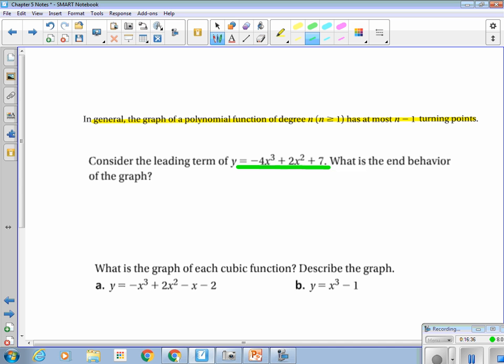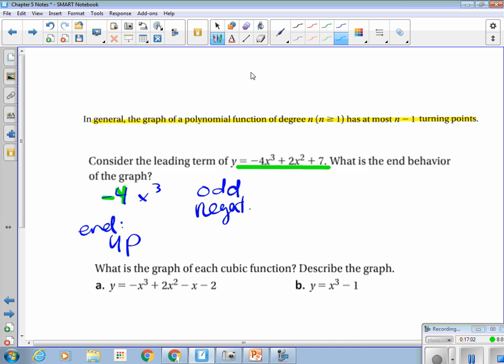So if we just look at negative 4x to the 3rd, it is odd, and it's got a negative coefficient. So that would be up, down, up. So your end behavior is up and down.